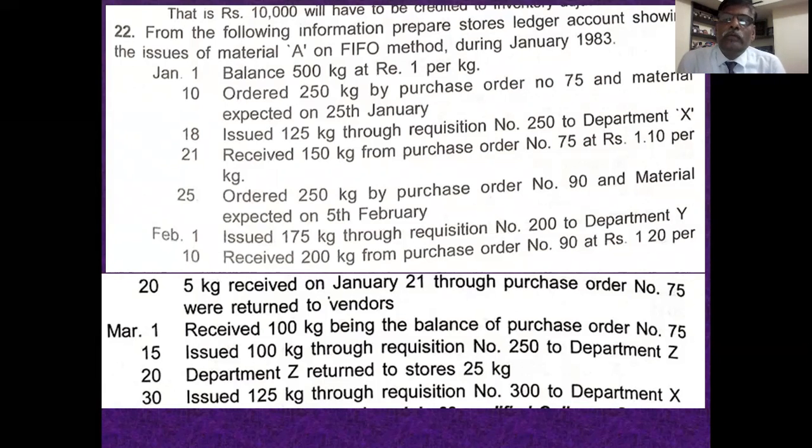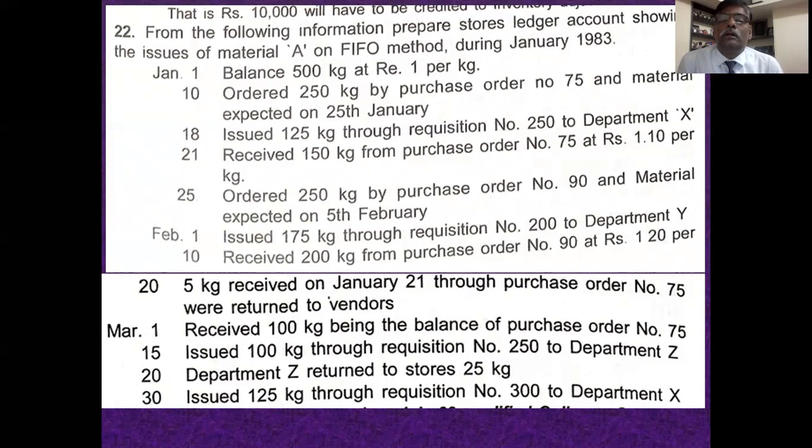If you issue the material to the production department or to someone, you record in the issue column and balance column. So on 10th January, there is no receipt or issue, only order placed. Therefore, that transaction will not be recorded in the store ledger.